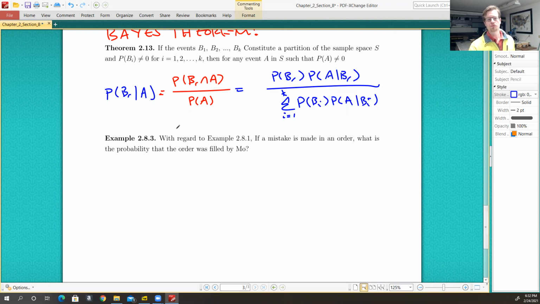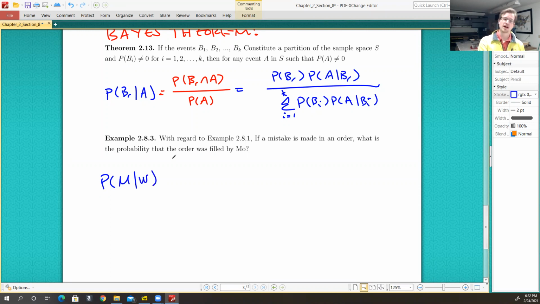With regard to the first example from this section, where we have 3 employees, Larry, Mo, and Curly, they make mistakes every so frequently. What's the probability that a mistake occurs? We did that in the first example. In this example, if a mistake is made in an order, what is the probability that the order was filled by Mo? So we're looking for the probability that Mo filled the order given that there was actually a mistake.